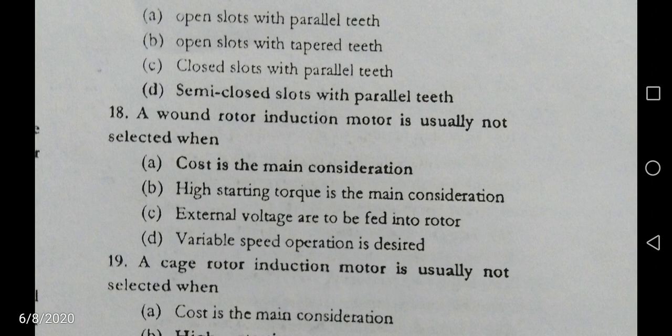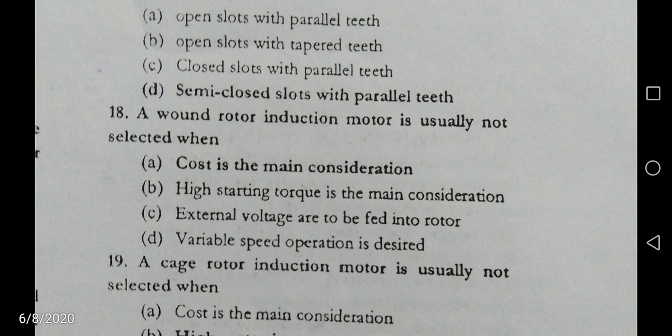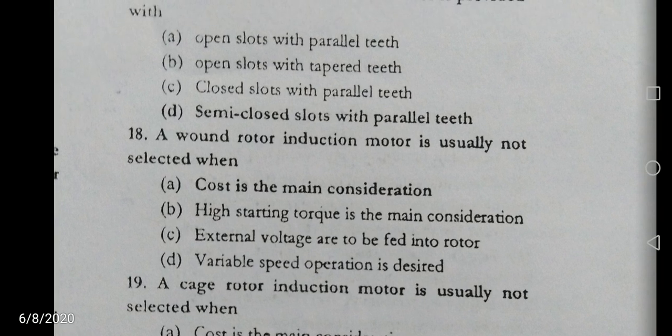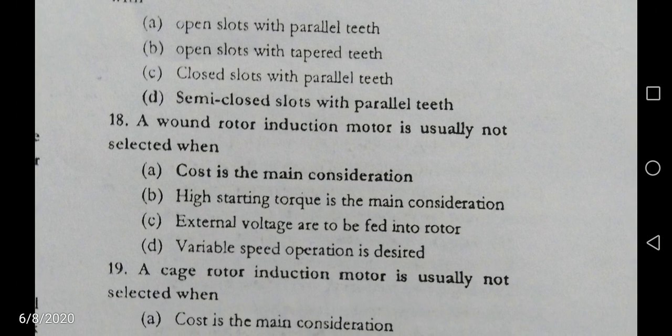So options B and C are about a wound rotor. Option D, a cage rotor and variable speed operation is desired, so variable speed is also possible with the wound rotor. But it is not selected here because the negative thing about the wound rotor is cost. The cost is very high.